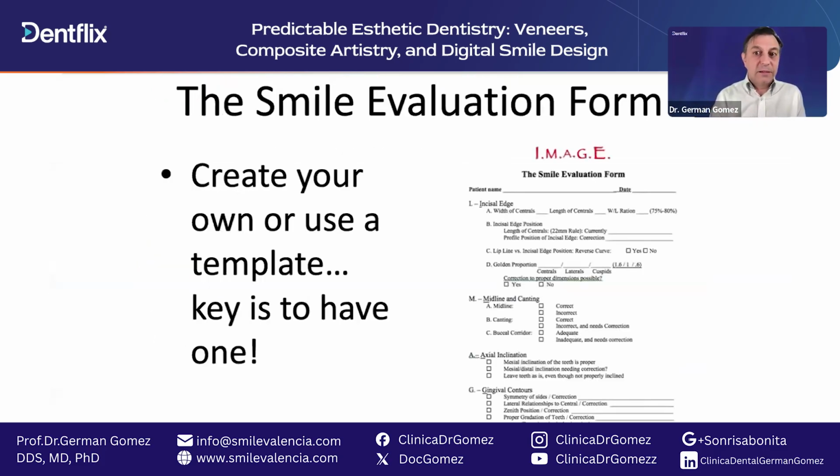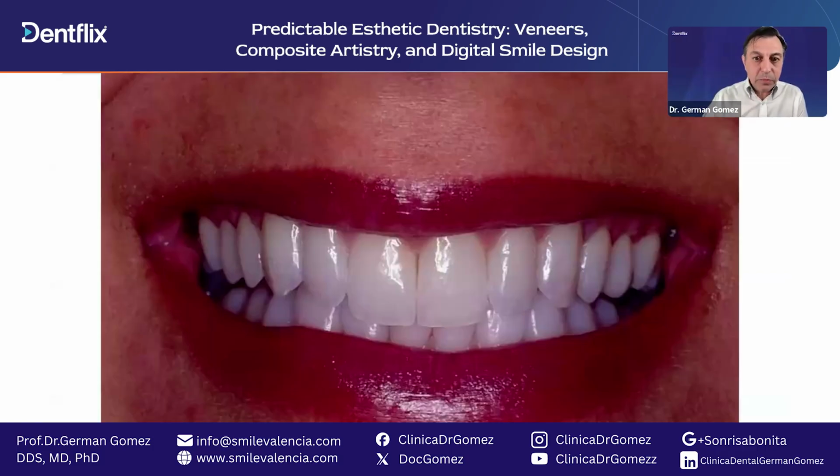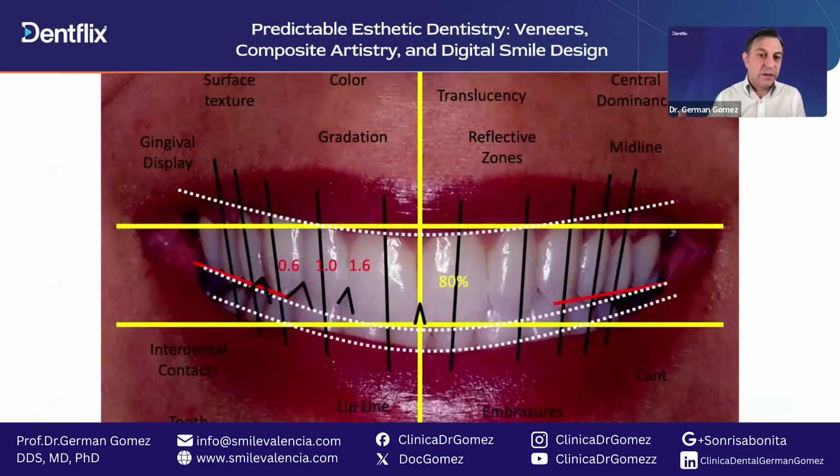For the smile analysis, usually we can follow a smile evaluation form that you can download from the internet very easily. The basic thing is that there are many things we have to keep in mind. This is not a lecture about smile design analysis, it's just giving you some hints about what has to be looked at.